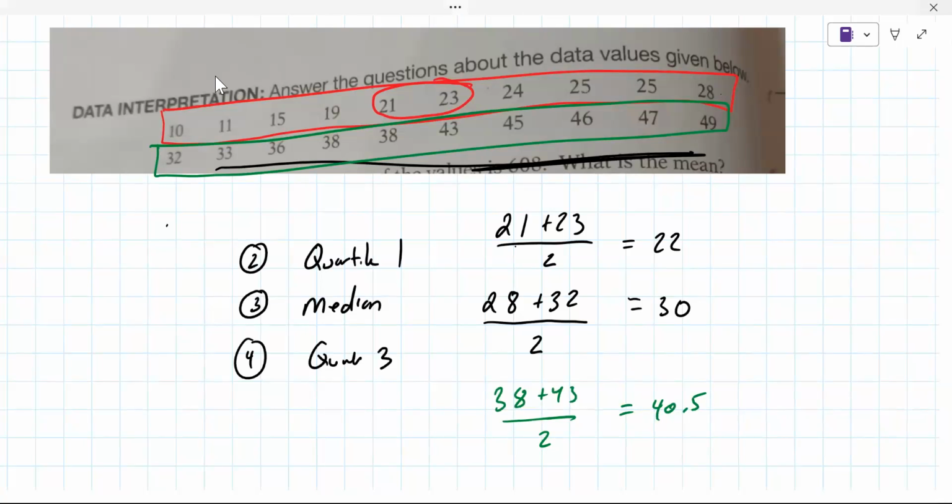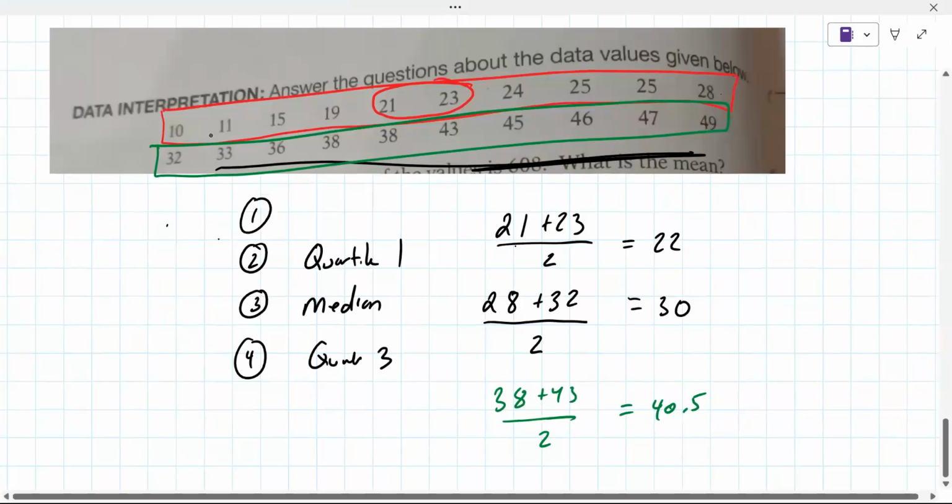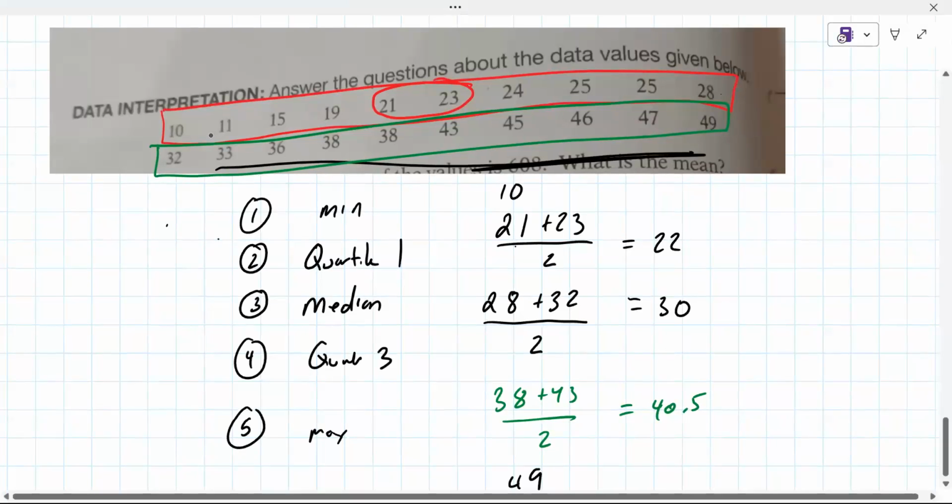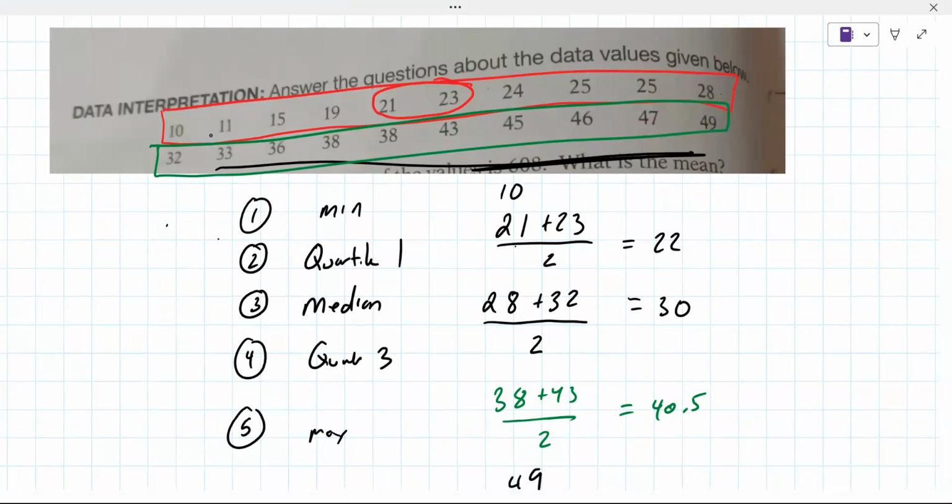You might be thinking, oh man, these are getting really complicated. The last two are not. It's the min and the max. The min is 10 and the max is 49. That makes sense.